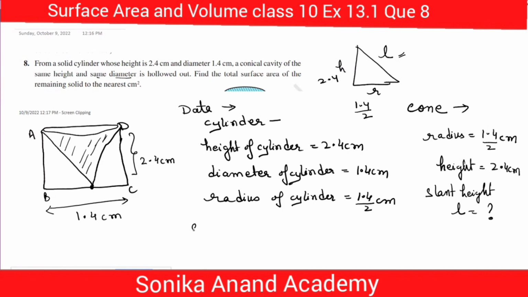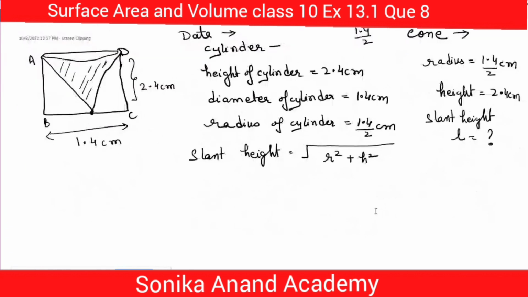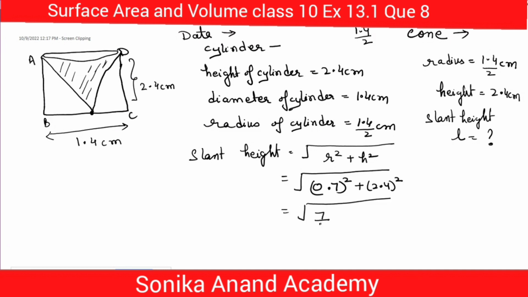Now we use the formula square root of r square plus h square. So that is 0.7 whole square, 2.4 whole square. Now I will make it like that, 7 by 10 whole square, 24 by 10 whole square.